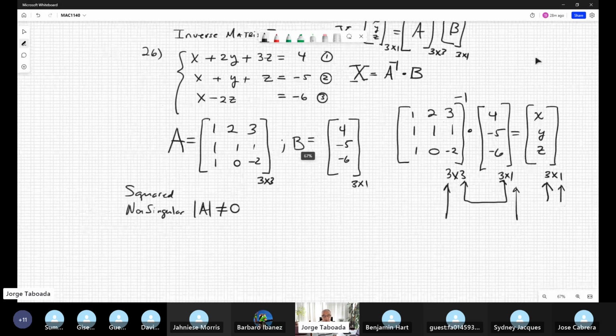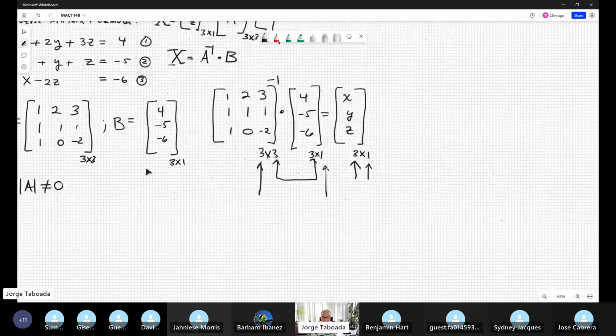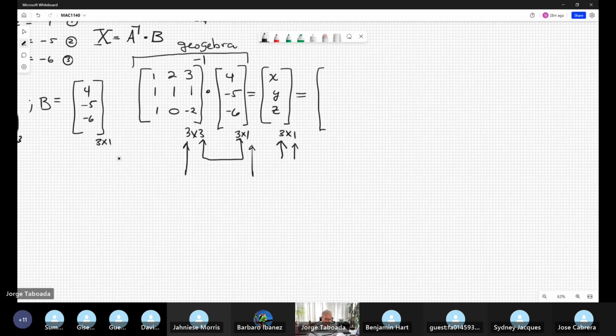Okay, this is my final answer, guys. And this question 26 was, look, I compute that part. What's the multiplication of this and this? I did it using GeoGebra. I obtain minus 22, positive 25, and minus 8.